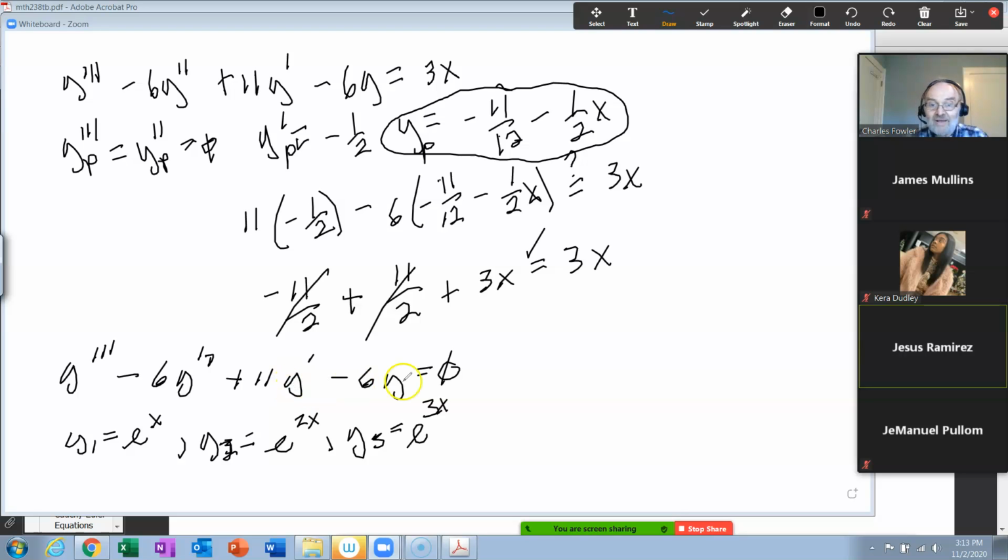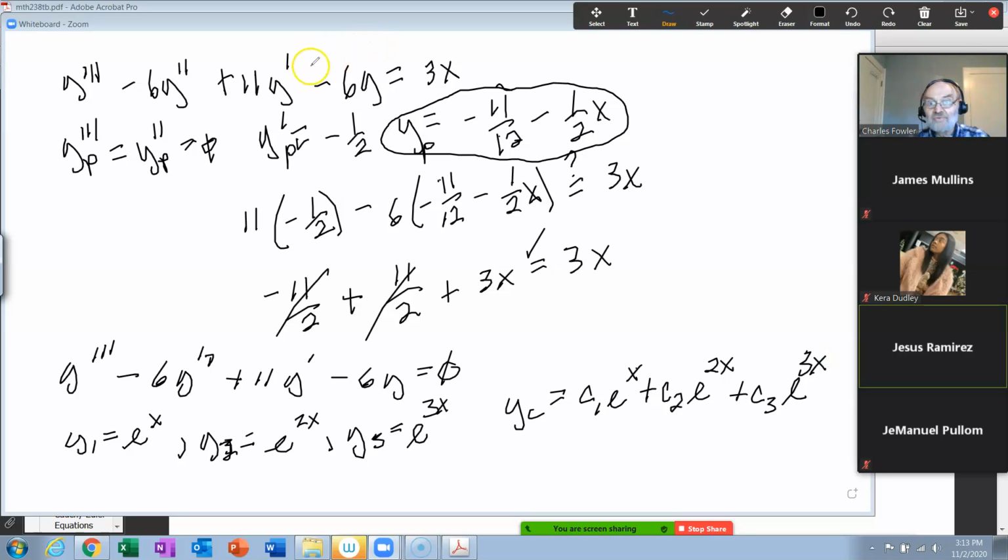We did that last time. So our complementary function is y sub c is equal to c1 e to the x plus c2 e to the 2x plus c3 e to the 3x.